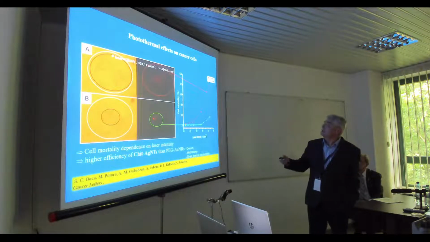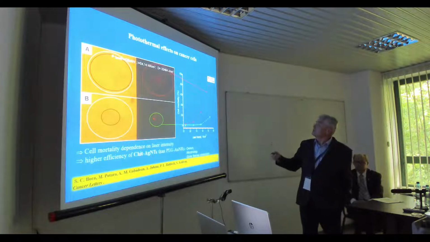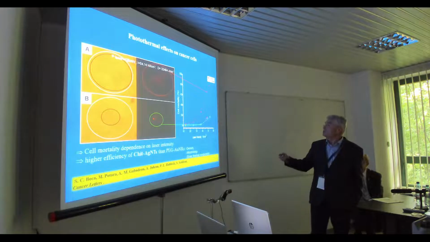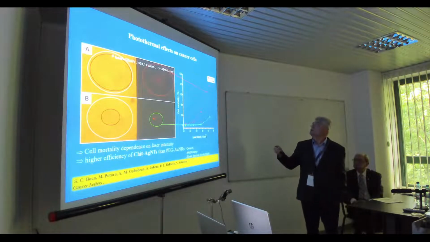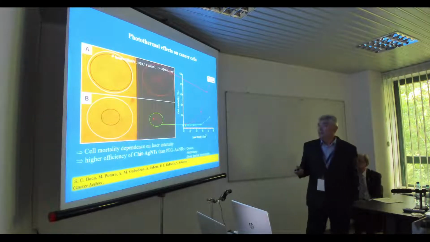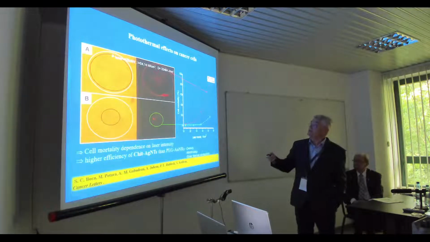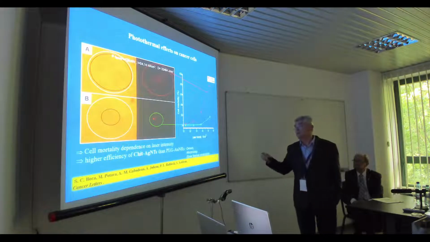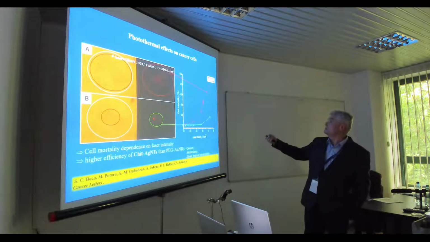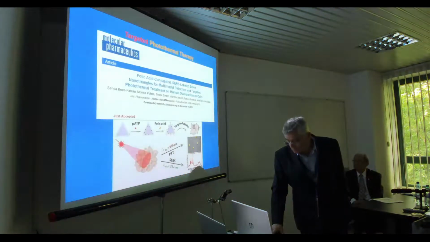Here is cell mortality as a function of laser intensity, for triangular nanoparticles and nano-rod nanoparticles. So the most efficient by optical properties are silver nanoparticles. Sure, the demonstration is done by staining the dead cells relative to the experiment. There were several experiments for comparison to have this result.